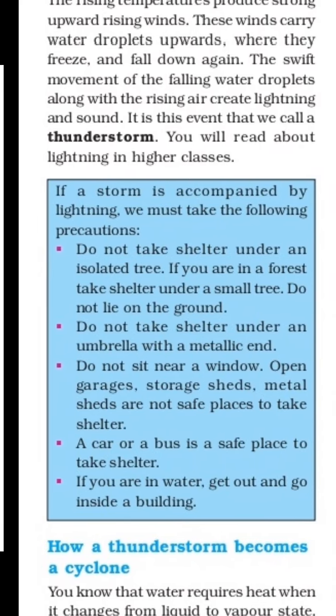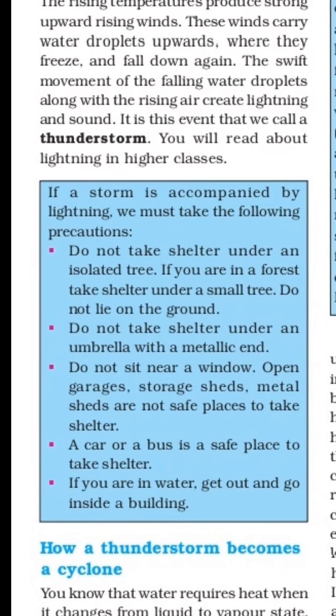Now see, suppose a thunderstorm occurs with lightning, what precautions do we have to take? First one, do not take shelter under an isolated tree. A damaged tree may fall down on our body and it is harmful for us. If you are in a forest, take shelter under a small tree.